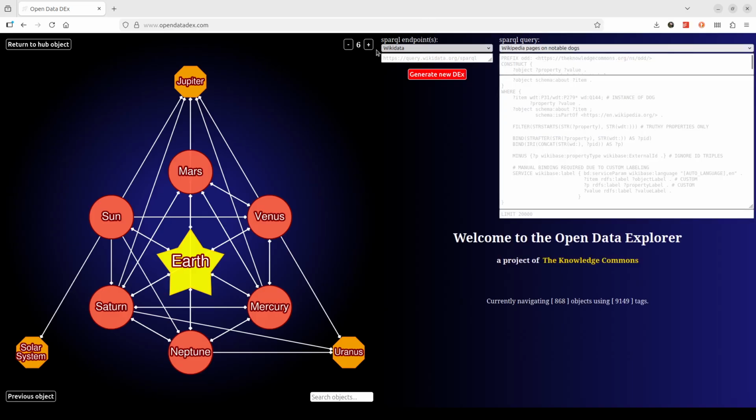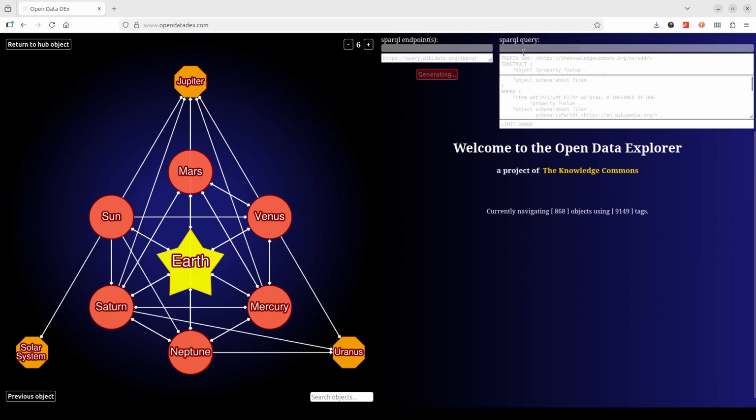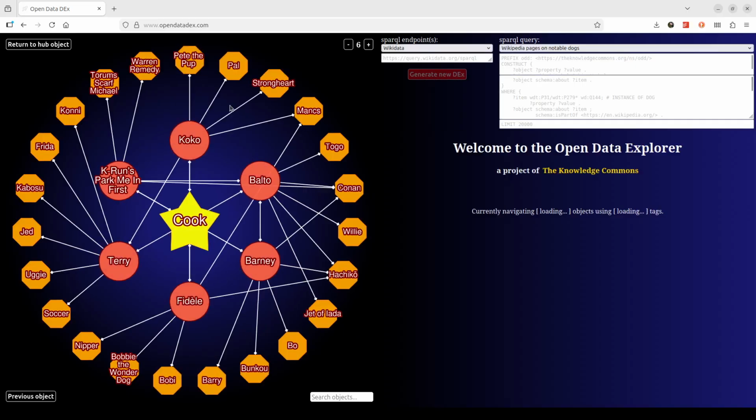That's going to get sent directly to this endpoint. We're going to generate a new dex, so it's going to retrieve that data, build the structure, and return it here. While it's doing that, it shouldn't take too long. I don't think there's much data. Oh, that was fast, there it is.